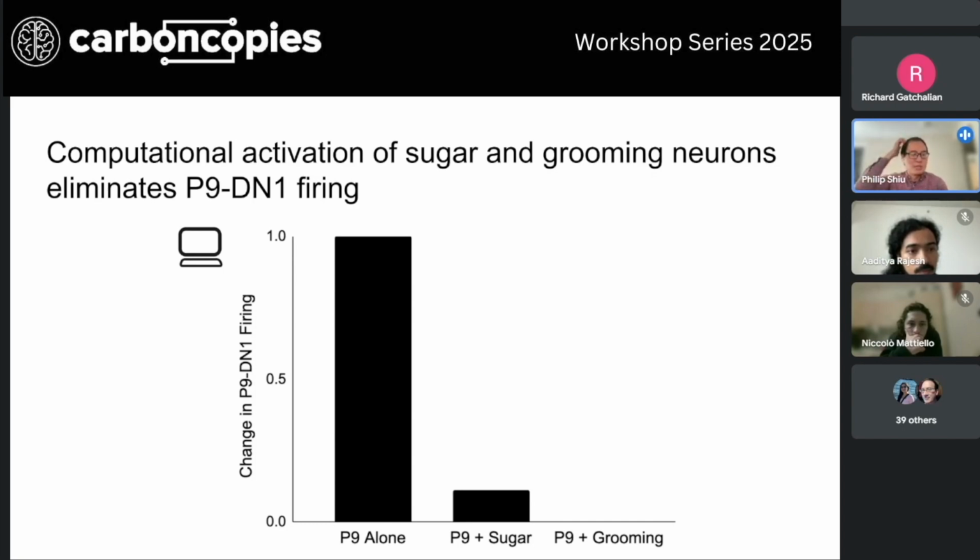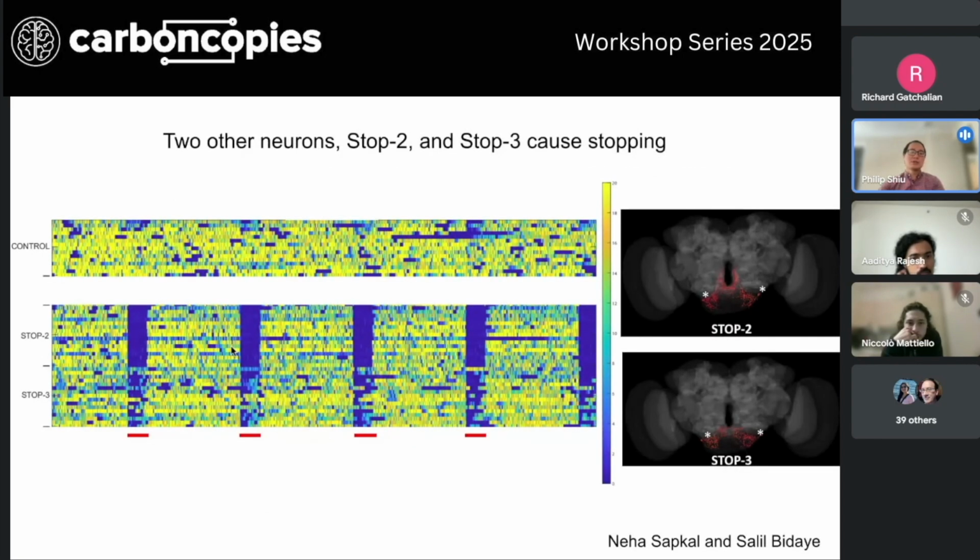Remember, we have said that P9DN1 is a neuron that controls forward velocity. And in fact, activating sugar-sensing neurons or activating grooming neurons is enough to cause the DN1 to be silenced.